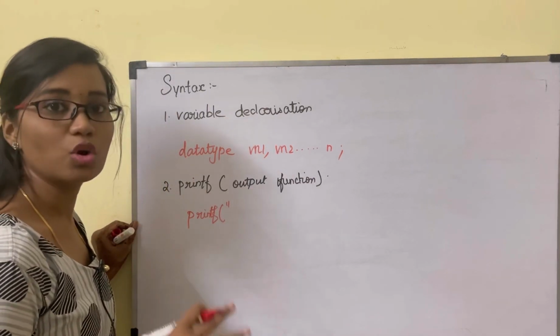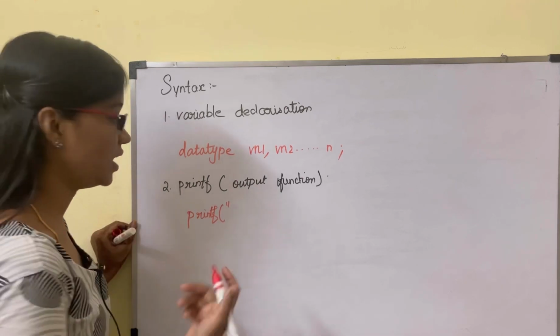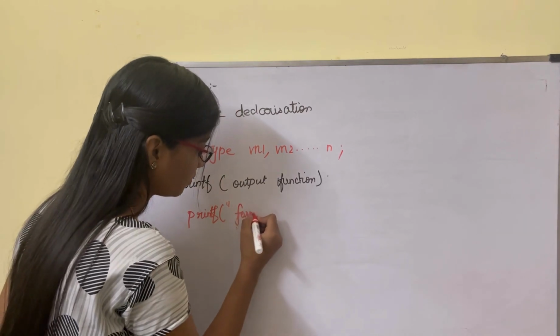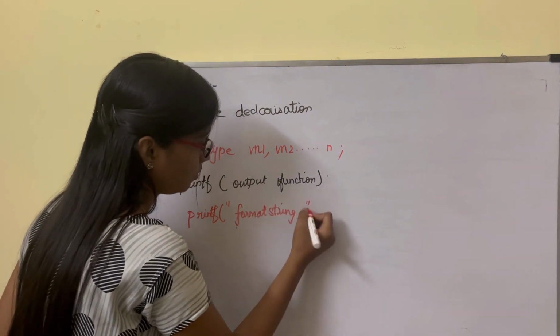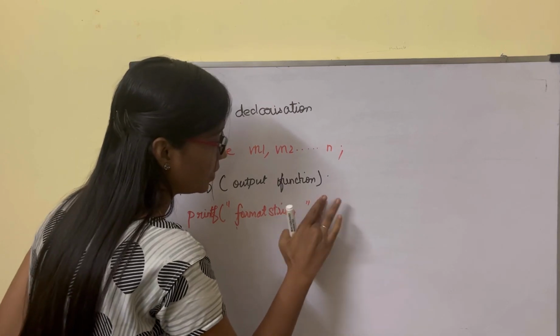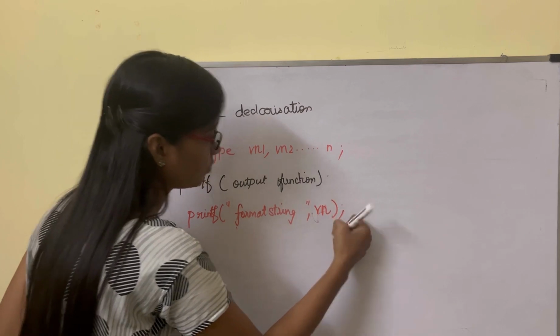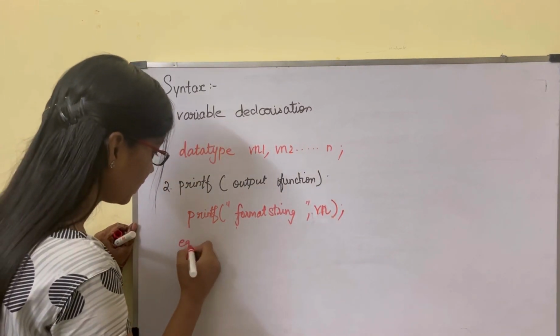Suppose it is going to print the output, the answer stored in some memory space, I am going to give a format string. Then the memory space name, the variable name, semicolon.